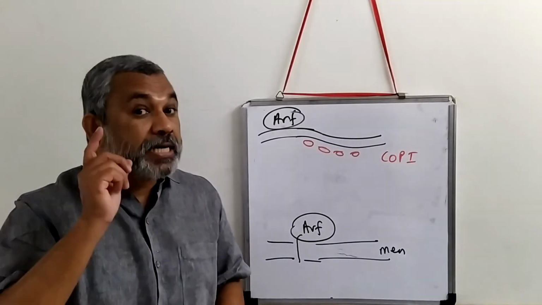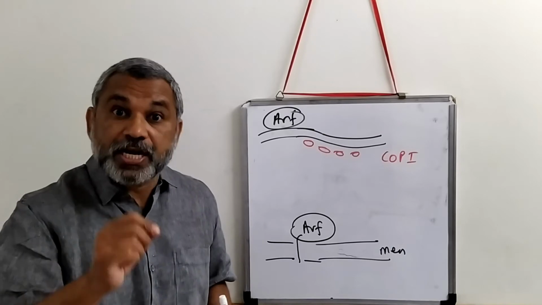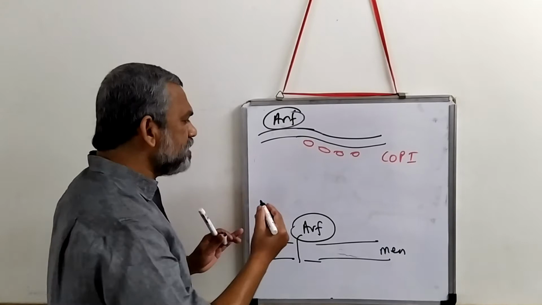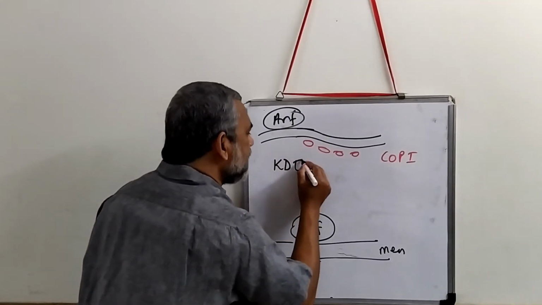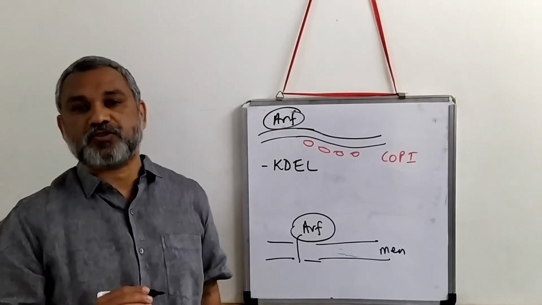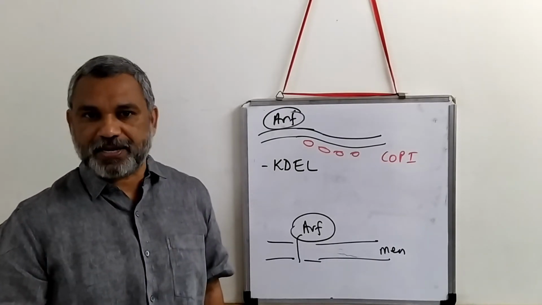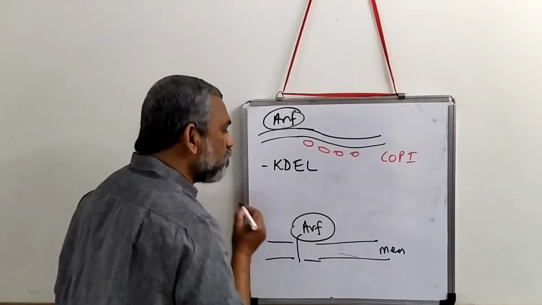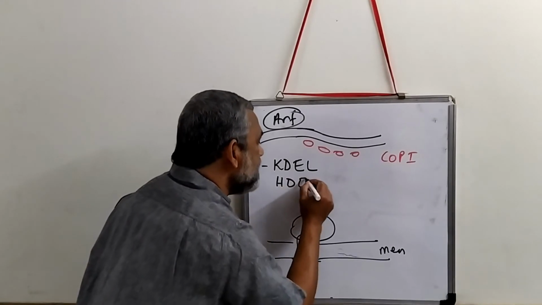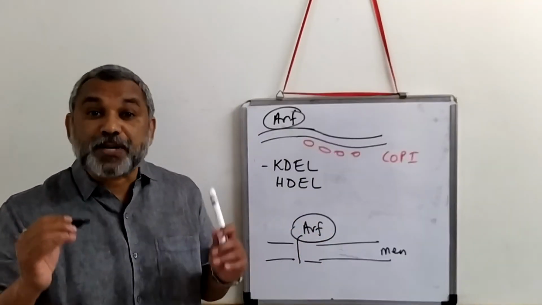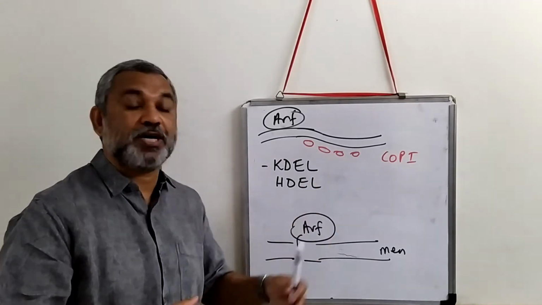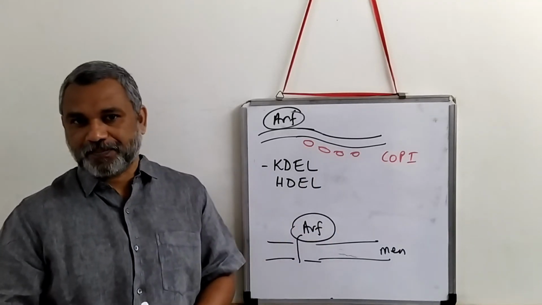Now, the cargo selection is not bulk flow, it is signal based. One kind of signal is KDEL, which is present at the C terminus of the protein. Another possibility, instead of the K, is a histidine, so HDEL can be another signal present on the protein, which is identified and then packed into the COP1 coated vesicles.